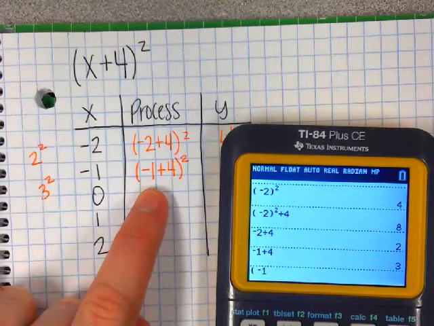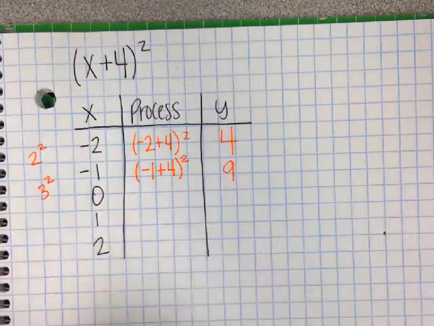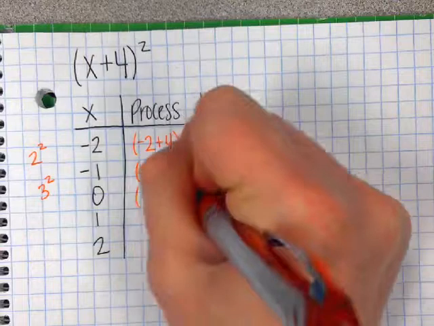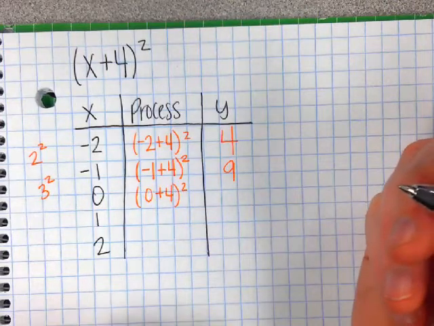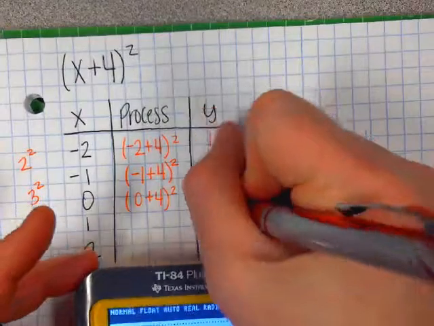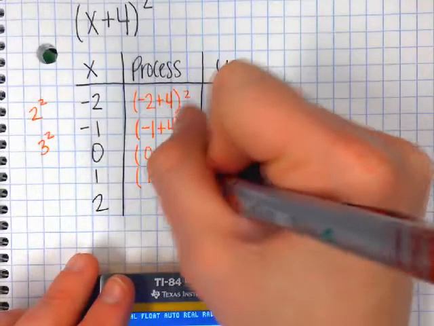You can still type all this in. Just make sure you put the parentheses where they're supposed to be. So negative 1 plus 4, close parentheses, squared is 9. Okay, now let's do 0 plus 4 squared. 0 plus 4 is 4. 4 squared is 16.